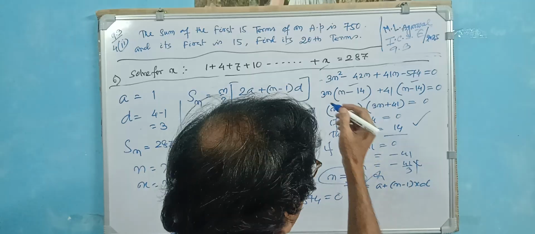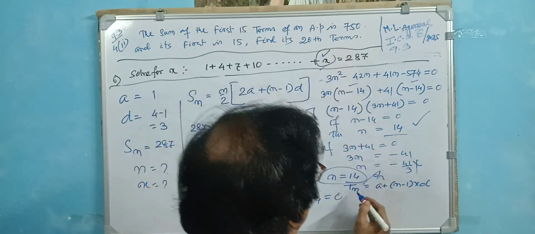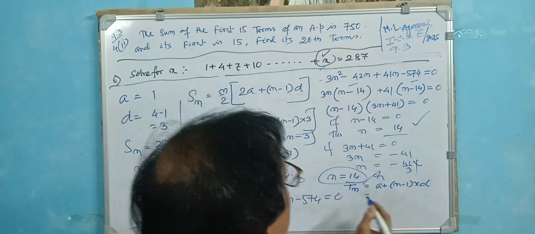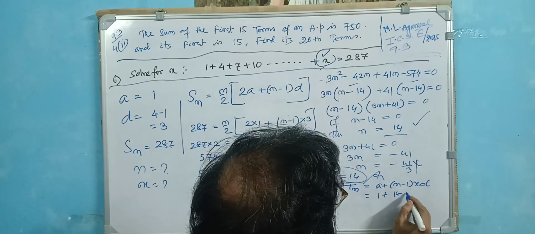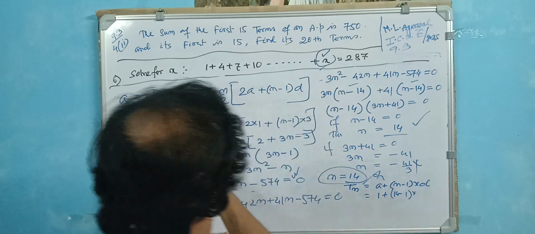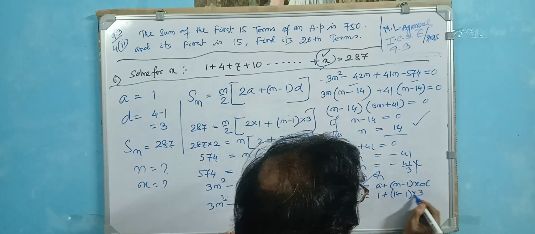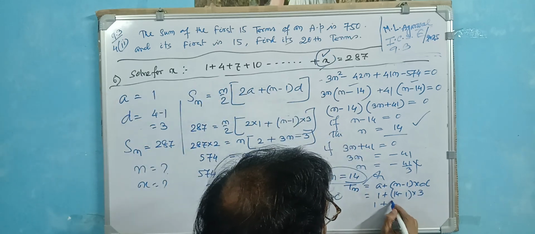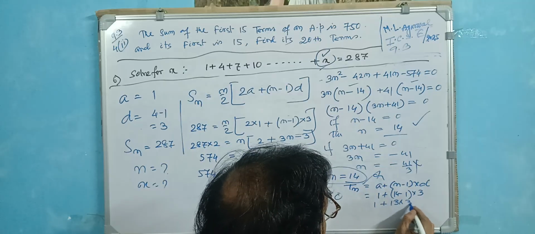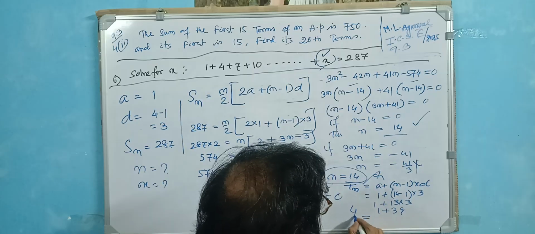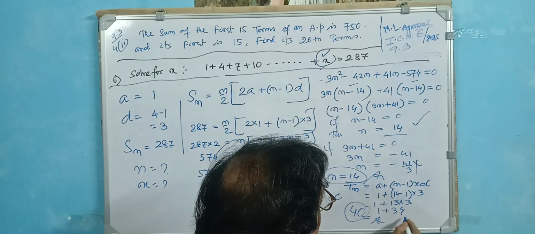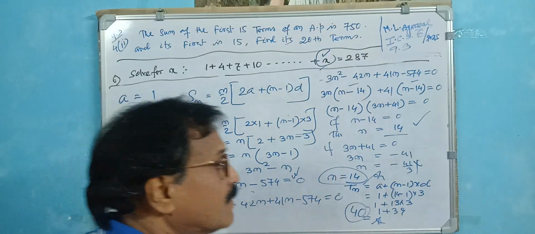So Tn means value of x. Tn is the value of x. A is 1, n is 14. So 14 minus 1, and you already know d. D is 3. So this is 1 plus 13 into 3. So 1 plus 39, so the answer is 40. So the value of x is 40.